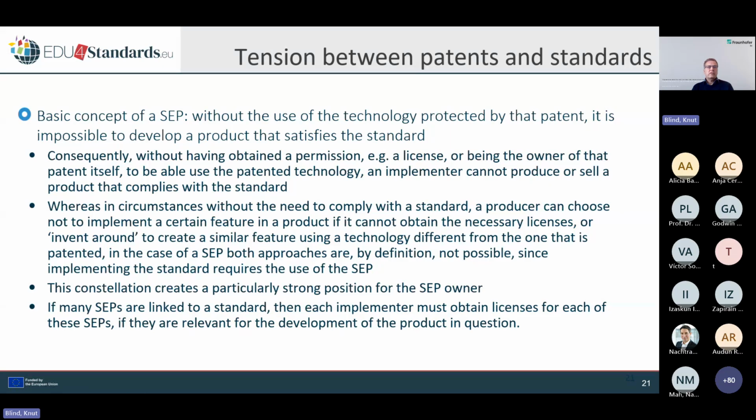The concept of the standard essential patents is the following. It means without the use of the technology protected by that patent, it's just impossible to develop a product which at the end satisfies the standard. That means you need to rely on the patent. It means you also need the permission, a license by the owner, to use this patent, which you then implement in your product, which is then complying with specific standards.